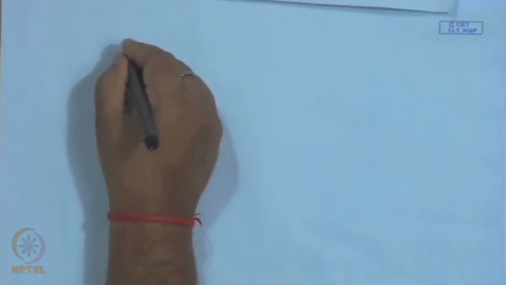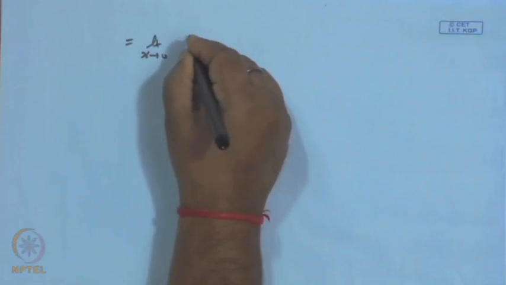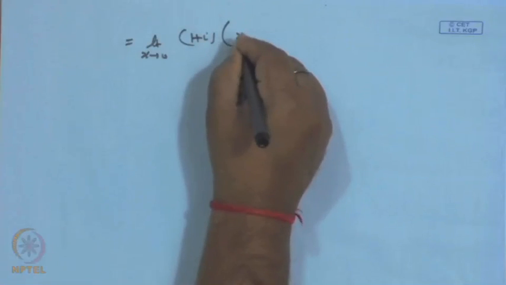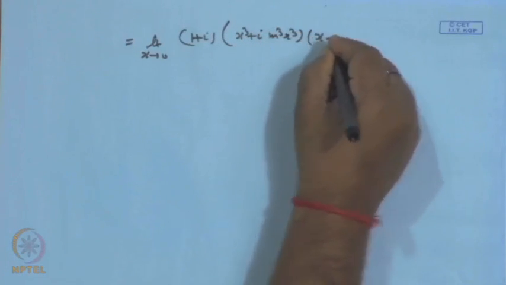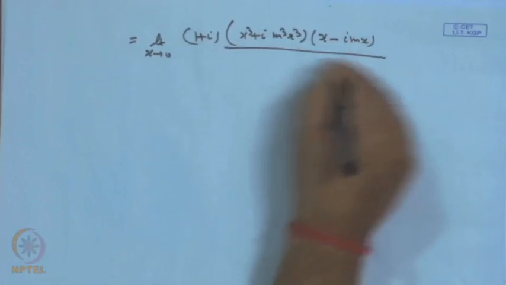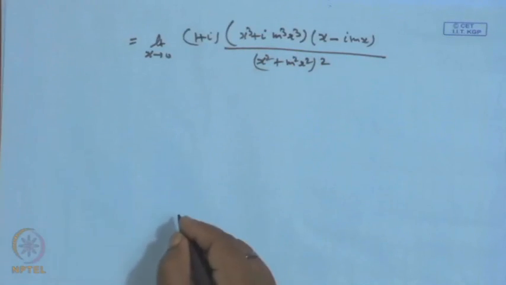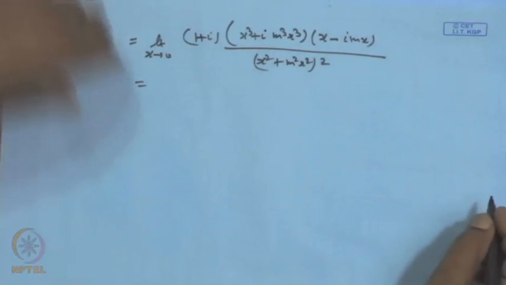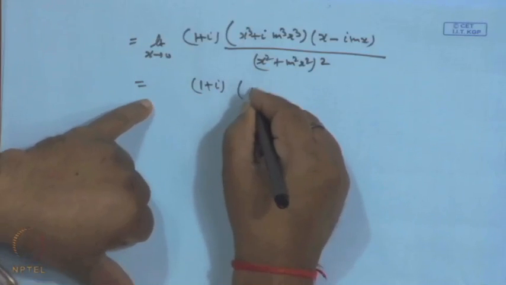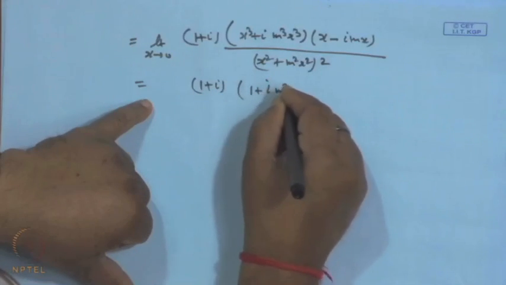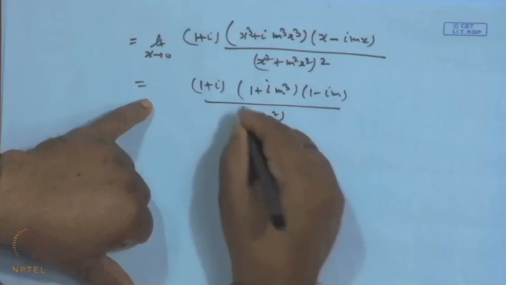What you are getting is, with y equal to mx, the limit as x tends to 0 of (1 plus i)(x cube plus i m cube x cube)(x minus i m x) divided by (x square plus m square x square) whole square. So, x to the whole power gets cancelled, and we get this value is (1 plus i)(1 plus i m cube)(1 minus i m) divided by (1 plus m square) whole square.